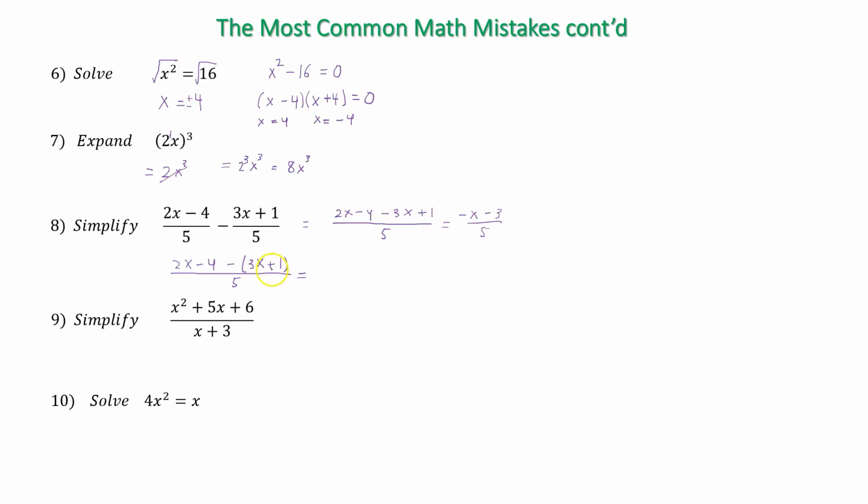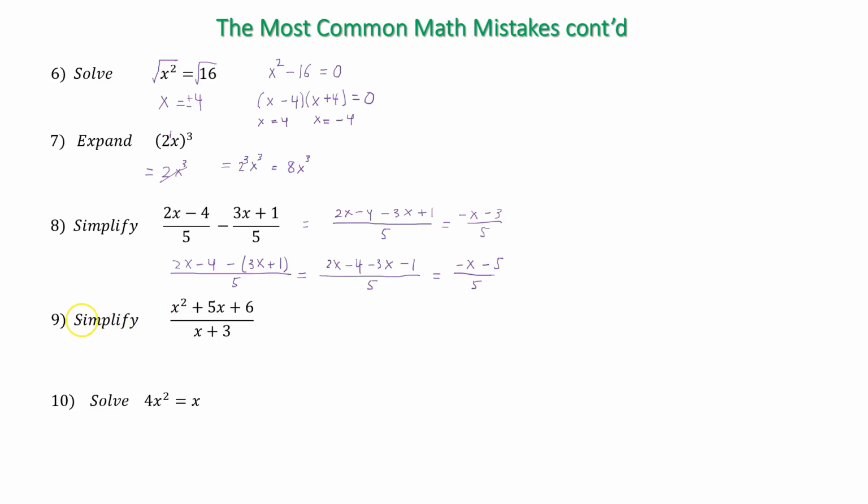So you have to multiply both of these terms by the negative 1 to get 2x minus 4 minus 3x minus 1 over 5, which would give you negative x minus 5 over 5.